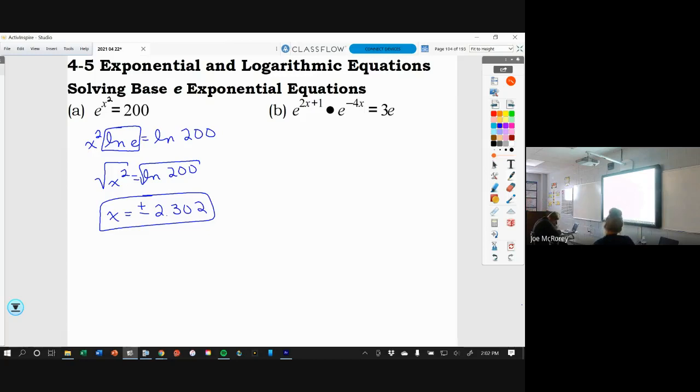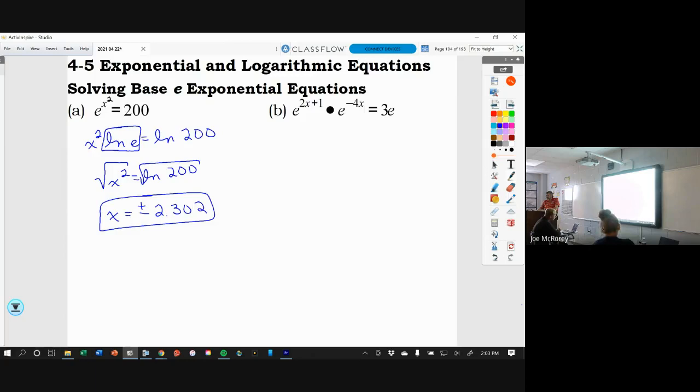Okay, part B. I have e to the 2x plus 1 power times e to the negative 4x power is equal to 3e. What happens when you're multiplying when the bases are the same?